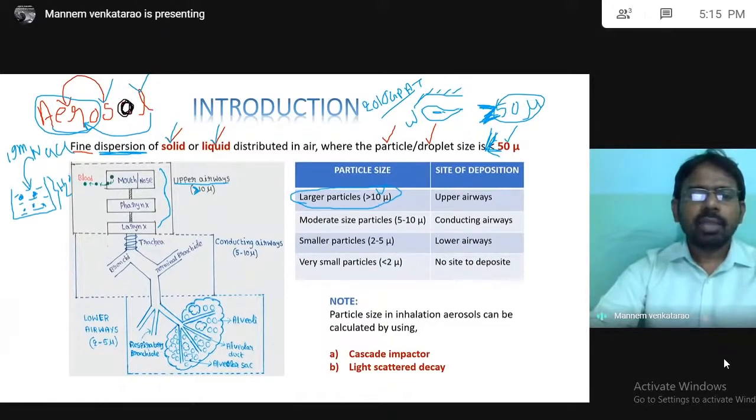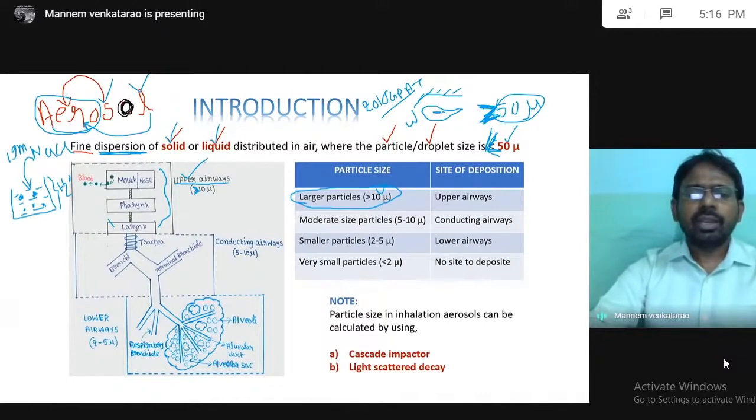But this greater than 10 micron particle cannot enter into the trachea. That's why it can be either deposited or exhaled only in these three tissues, which are collectively referred to as upper airways. So there's no need to refer to mouth, pharynx, larynx separately; you can just say upper airways.